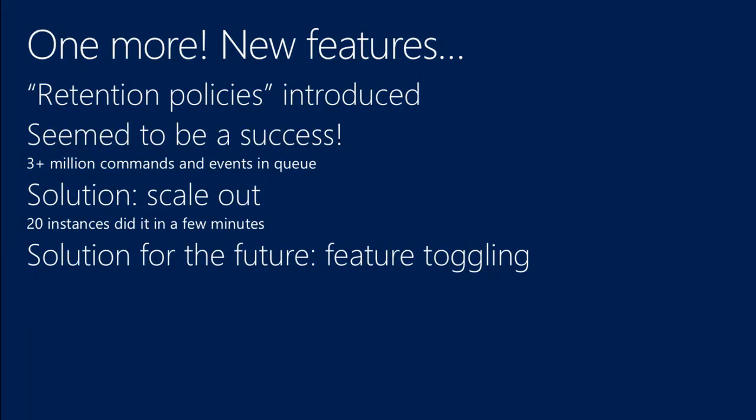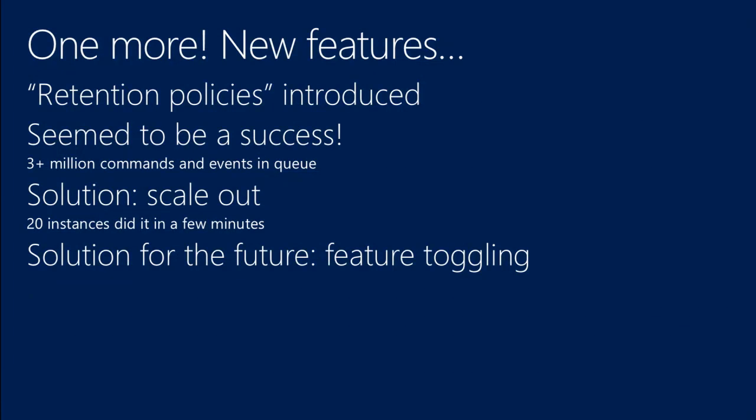But if you have 1,000 packages in your feed, and you have quite a lot of feeds with 1,000 packages, you get quite a lot of messages on your queue. So introducing this feature basically meant that our entire queue was being fire hosed with all the data coming in. We had 3+ million commands in our queue, and everything was still running, but it was just really slow because our workers couldn't cope with all the load coming from that queue.